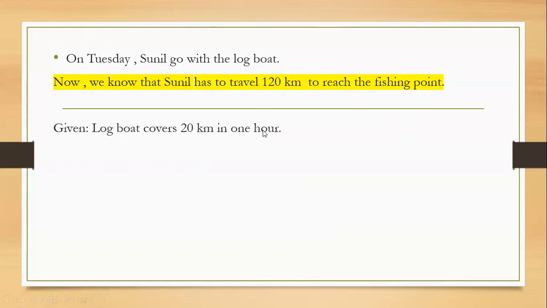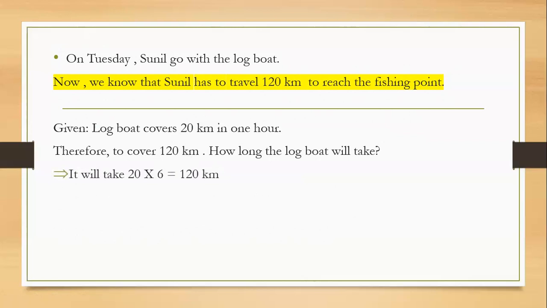What will we do? We will divide 120 kilometer by 20. Or in other words, 120 is 6 times of 20. That is, to cover 120 kilometer, how long will the logboat take?